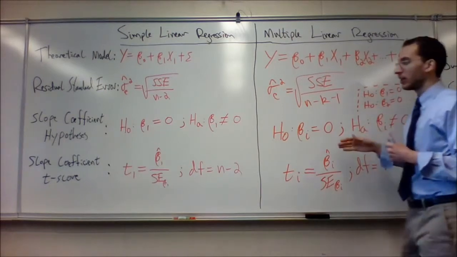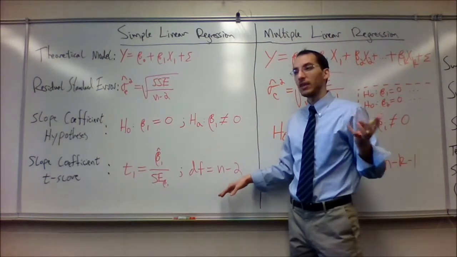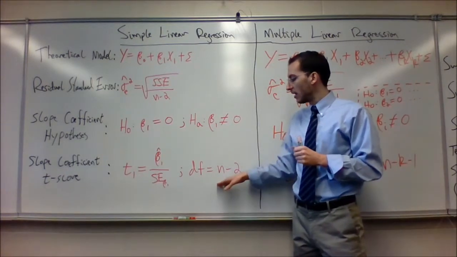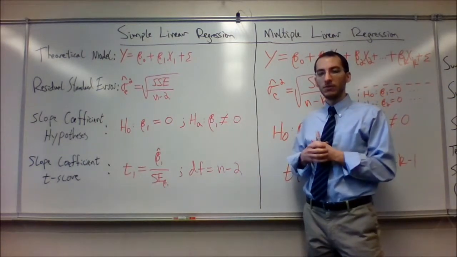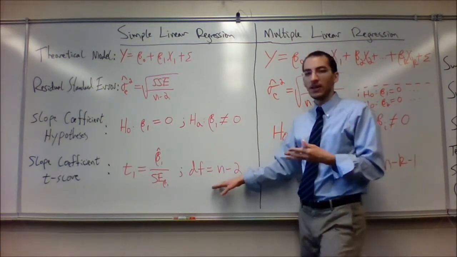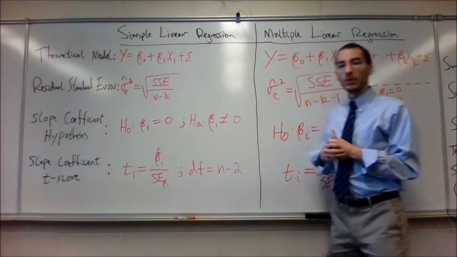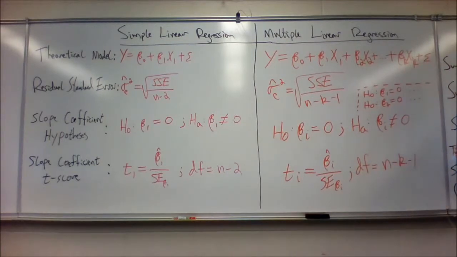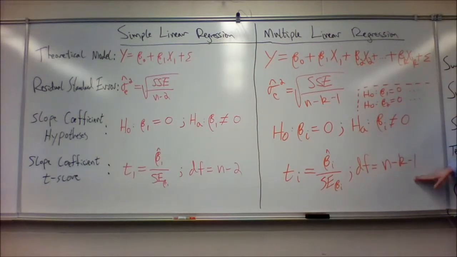And the only big shift is really the degrees of freedom that are used in our calculations, because in simple linear regression with only one variable, the degrees of freedom, say when calculating the t-statistic, is always n minus 2. But we need to take into account the extra explanatory variables when we calculate our significance. So in that case, our degrees of freedom on the t-statistic are n minus k minus 1.